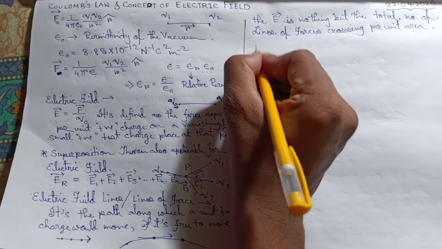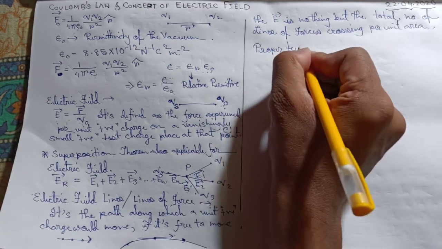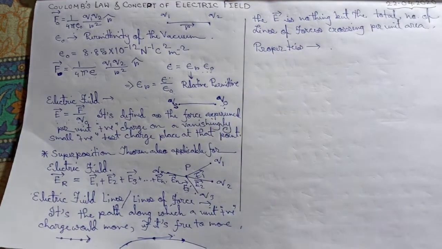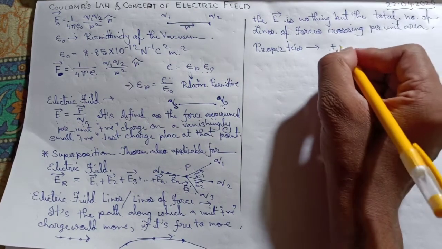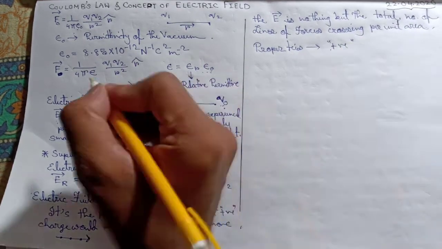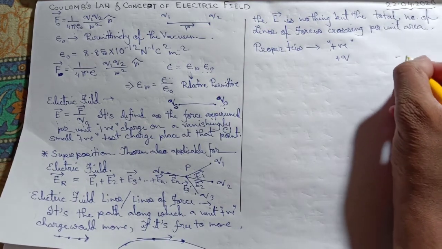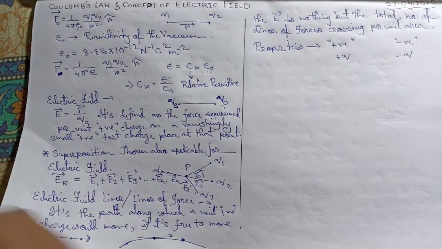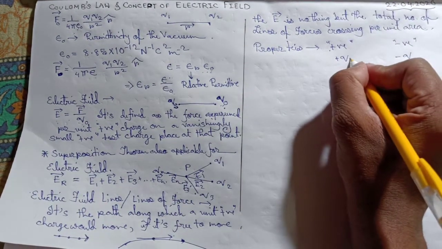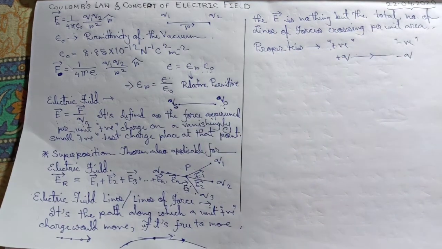So there are some properties of electric field lines. They are very important properties. The first property is that electric field lines always start from a positive charge, plus q, and always terminate at a negative charge, minus q. So it will start from the positive end and go to the negative end.